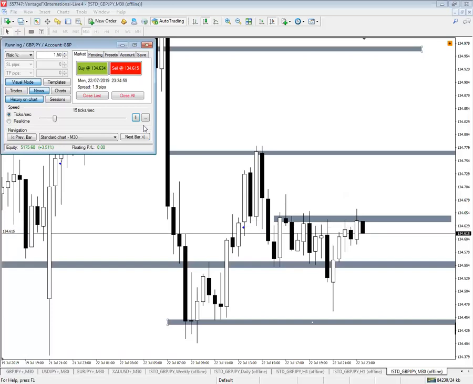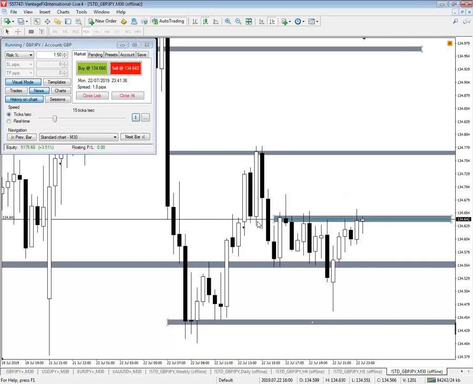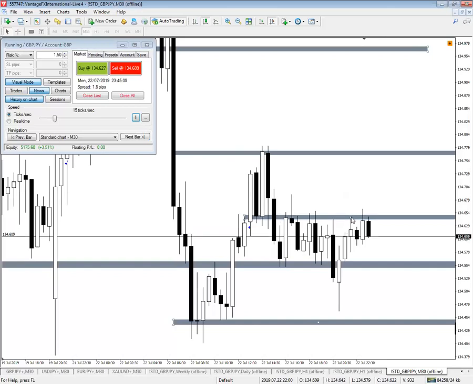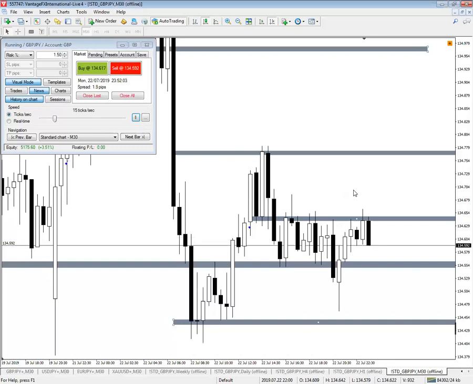So candle closed under resistance. There's no buy confirmations yet. Still ranging here. Kind of broke the low of the previous 30-minute candle. So looks like we should fall to the next support area.